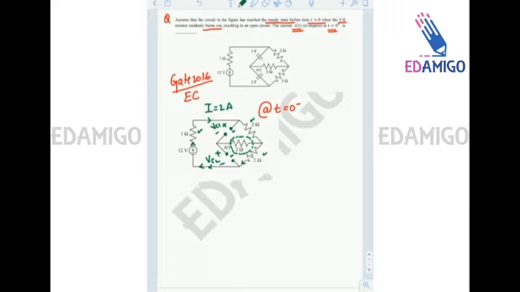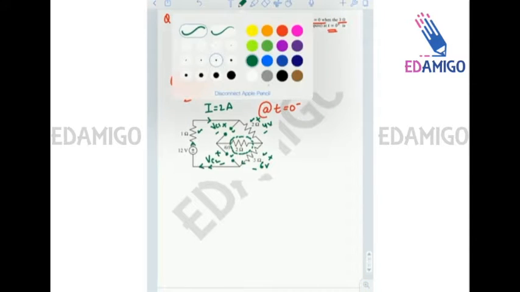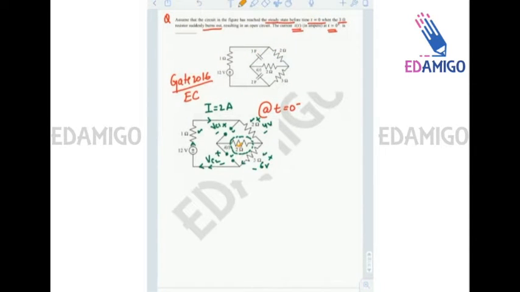The voltage drop across the 2 ohm resistance will be 4 volts, and across the 3 ohm resistance will be 6 volts. Since no current flows through this impedance, the voltage drop across it will be 0 volts. So VC1 is equal to 4 volts and VC2 is equal to 6 volts.